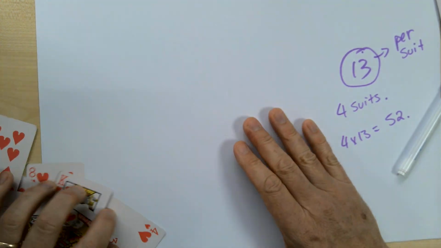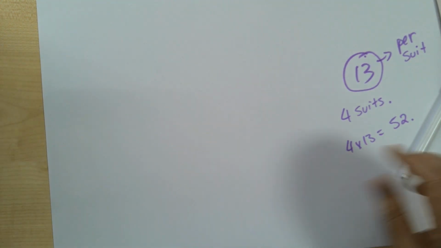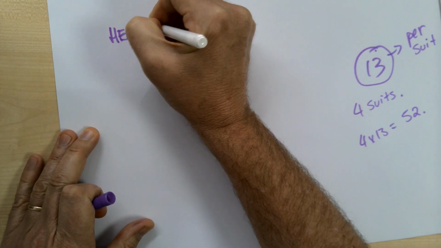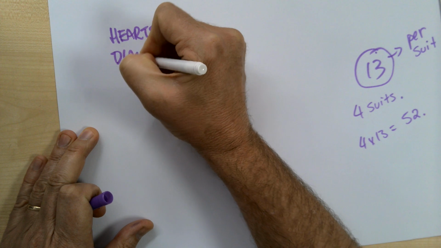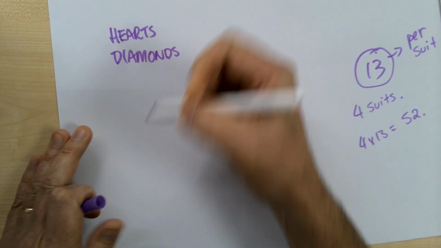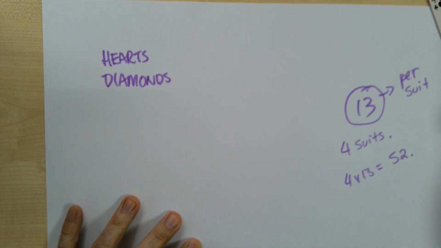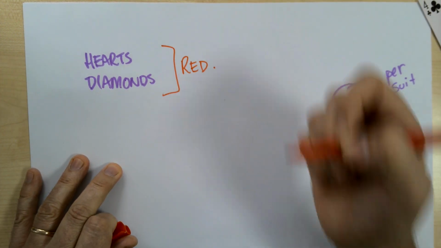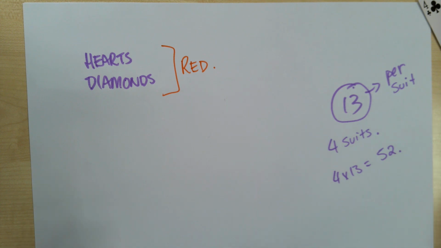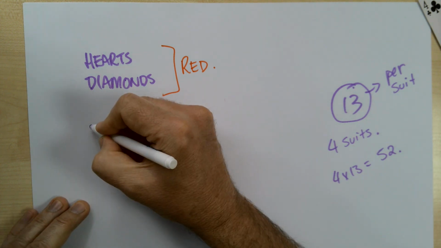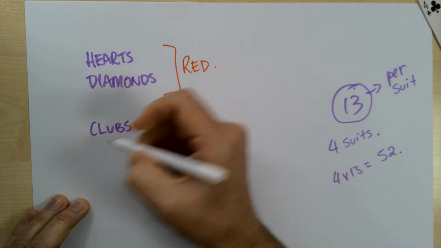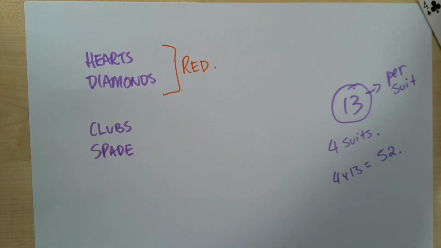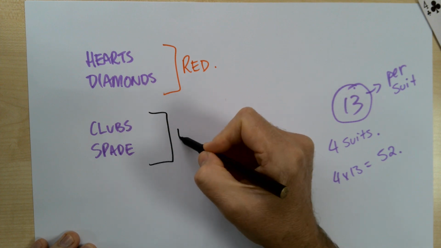Okay, so we've got hearts and diamonds. All right, they are 2 suits. There's 13 in each, and they are red. Okay, then we have clubs and spades, and they are black.